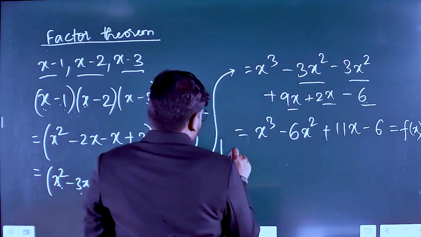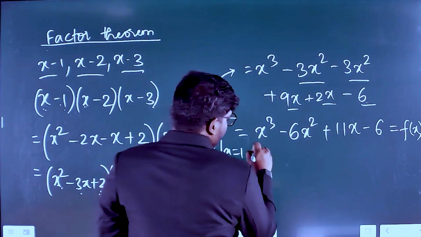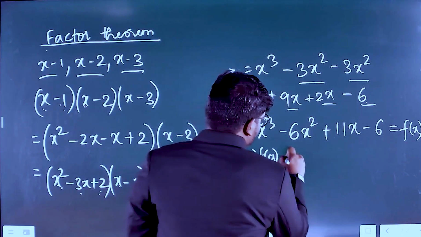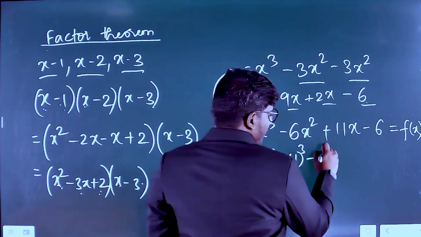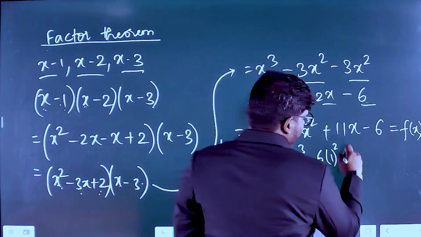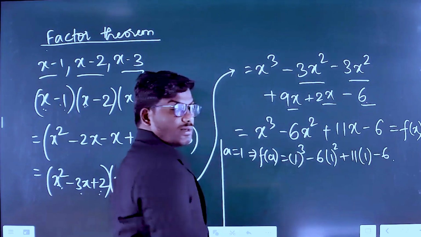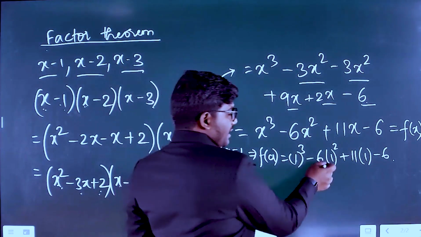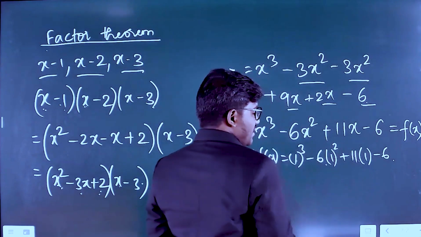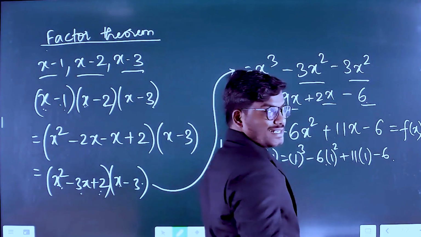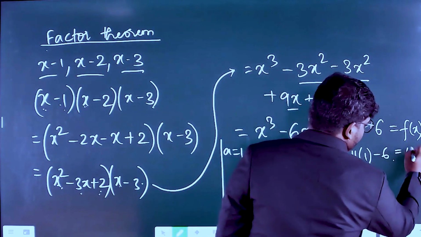For a equal to 1, f of a will be 1 cube minus 6 times 1 square plus 11 times 1 minus 6. So 1 cube is 1, 1 minus 6 plus 11. 11 minus 6 is 5, 5 plus 1 is 6, 6 minus 6 is 0.